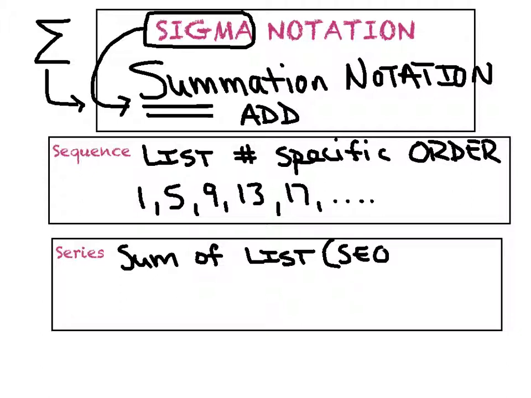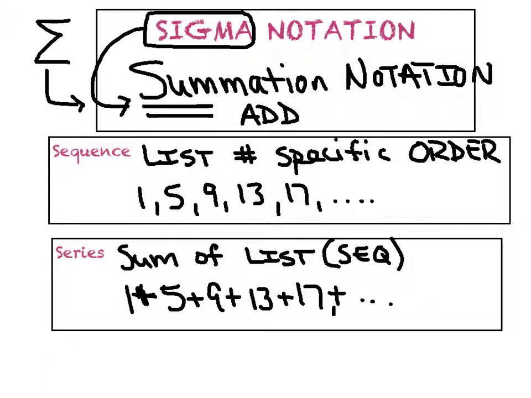It's basically the sum of that list. So I'm going to maybe oversimplify, and replace all those commas with plus signs. So now it's 1 plus 5 plus 9 plus 13 plus 17 plus dot, dot, dot.